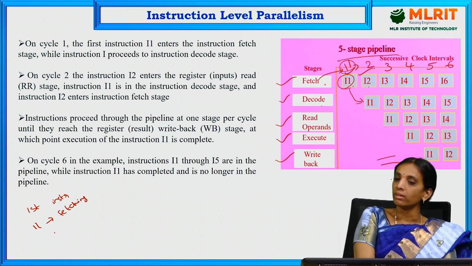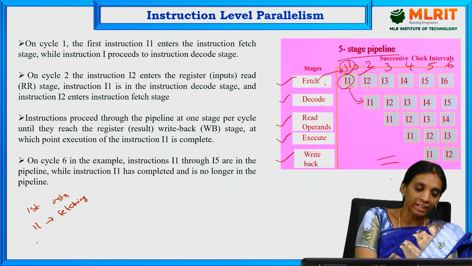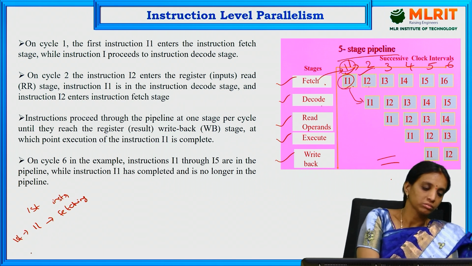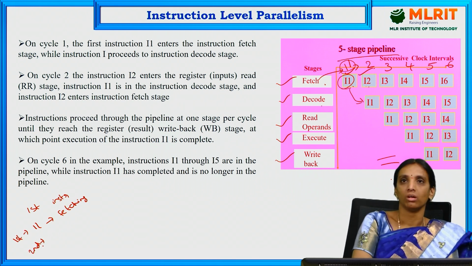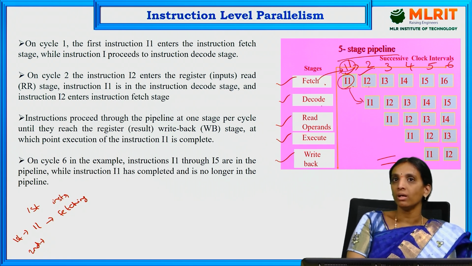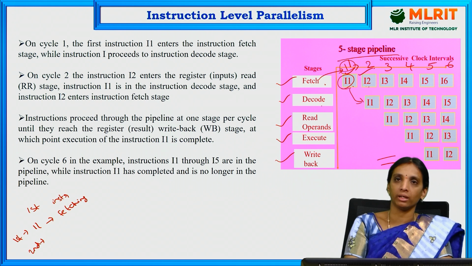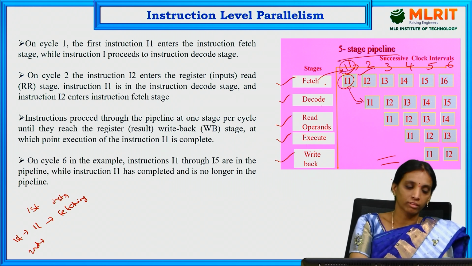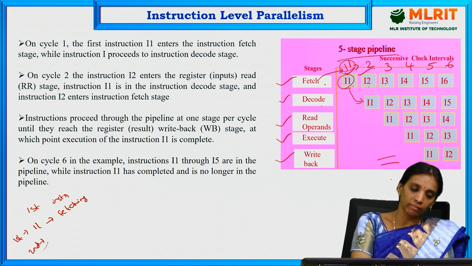Next, in the second clock cycle, the simultaneous execution of two instructions happens. That process is called pipelining.